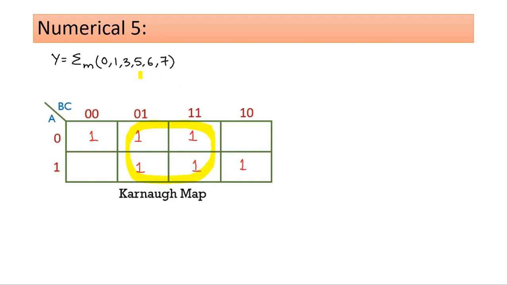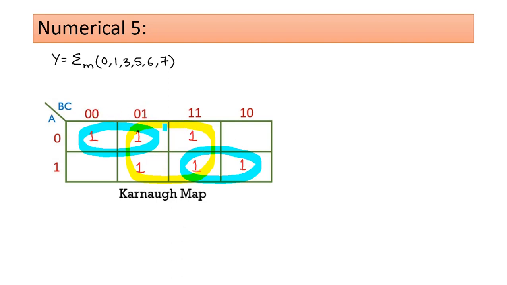Then I can overlap this. So I can have the group in this form and I can have the group in this particular form. So here what I see is A bar is common and you have B bar which is common. So C bar plus C will get eliminated.